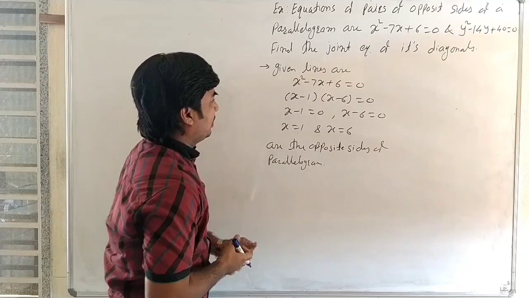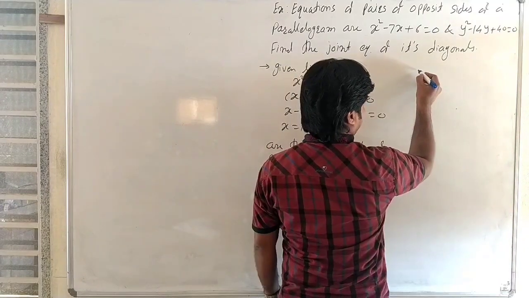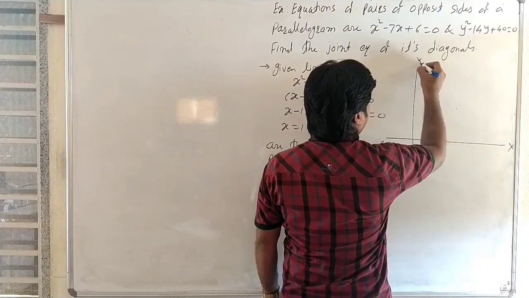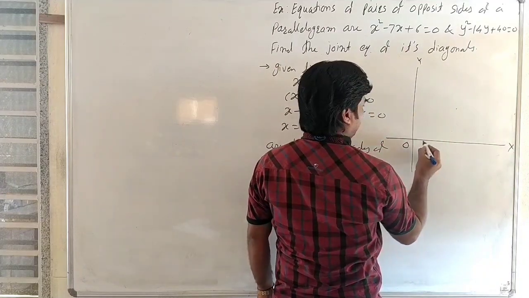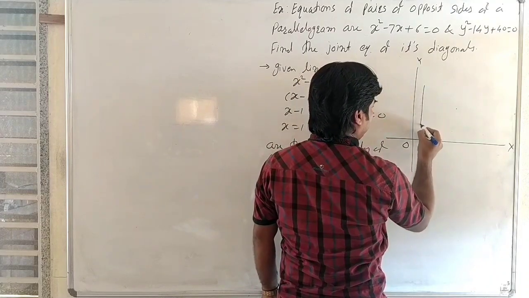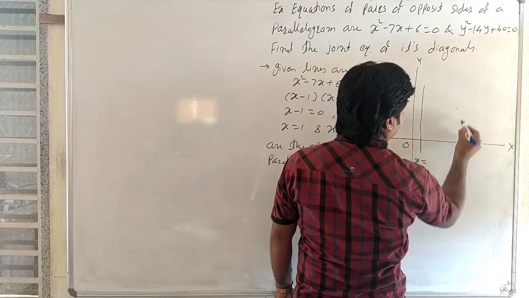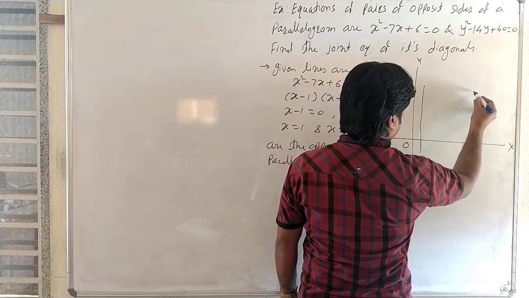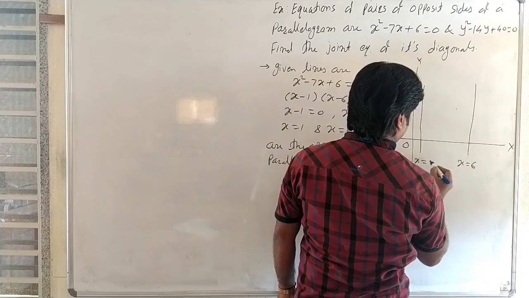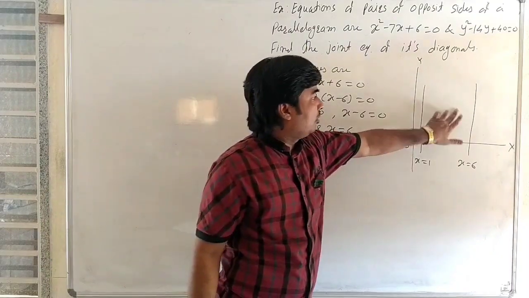Okay. Now x is equal to 1 and x is equal to 6. Here it is x and it is y. x is equal to 1 is one side of the parallelogram, and x is equal to 6 is the other. x is equal to 1 and x is equal to 6 are the two sides of the parallelogram. Okay.